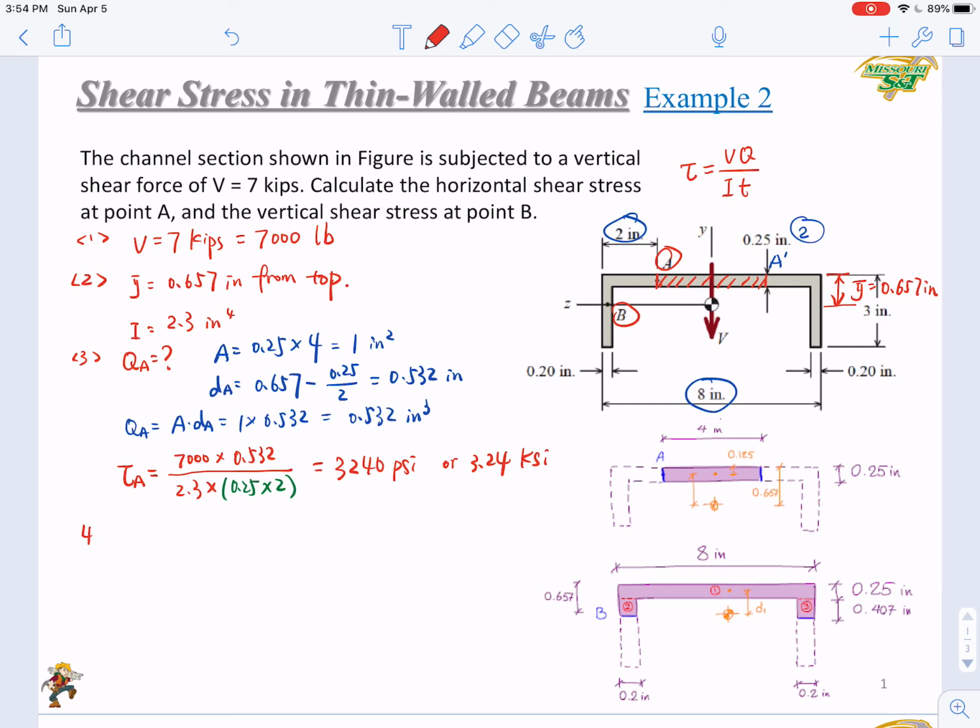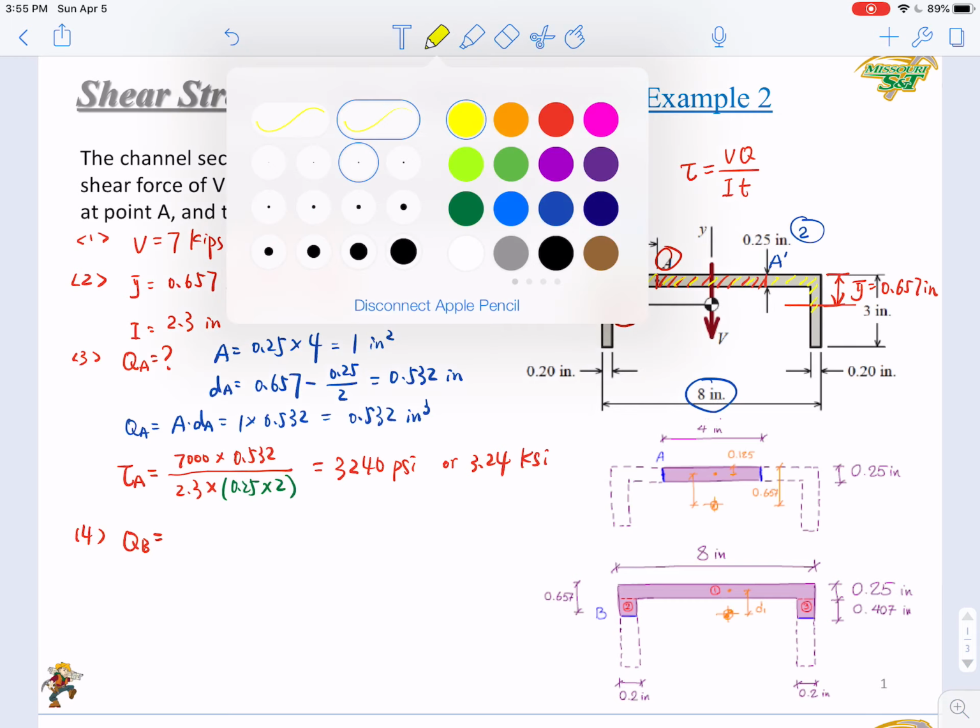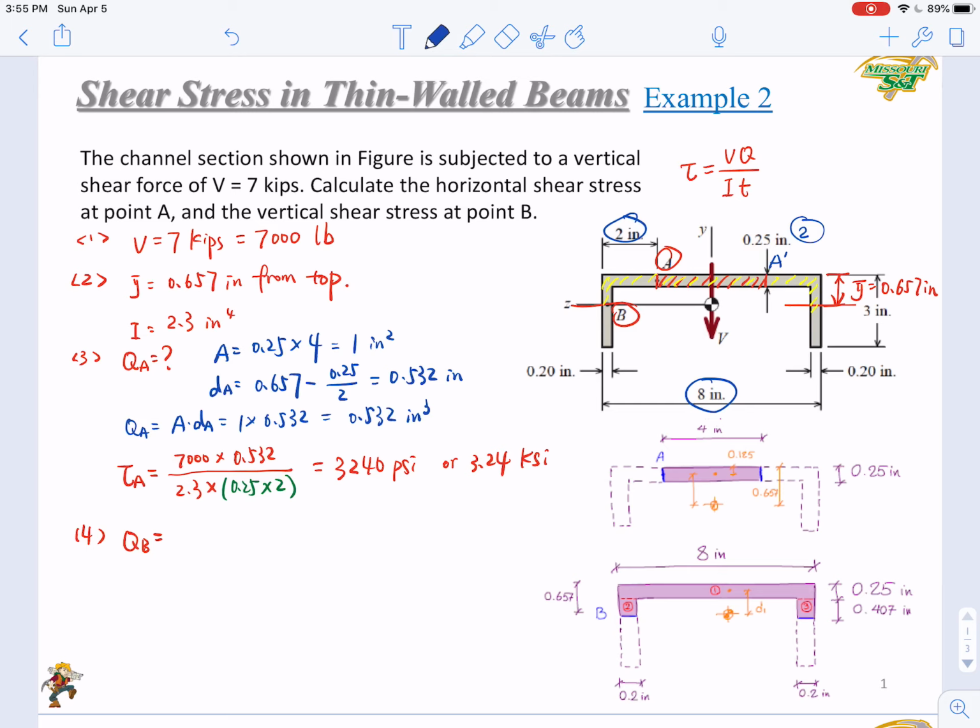Then the next step we'll look at point B. We're calculating the tau B. So first of all, we need to calculate QB. Again, if you need to calculate the stress at point B, you need to cut it from here through here. Then you will get the area. Let me use another color. You will get this area. This case had been illustrated here.